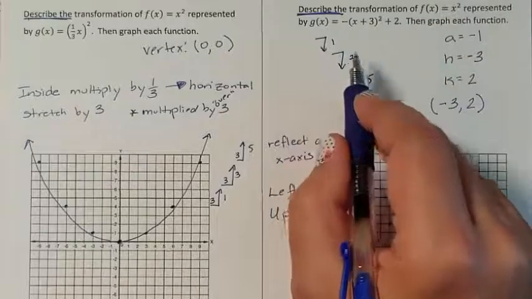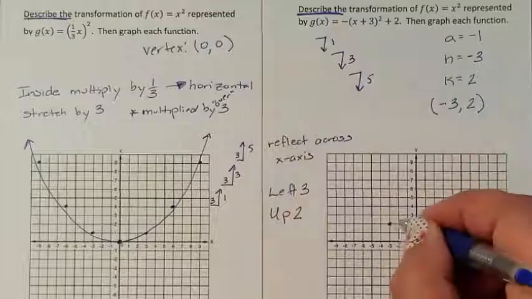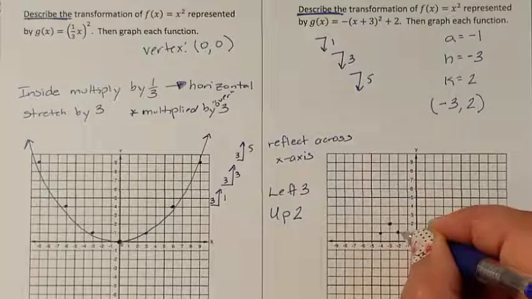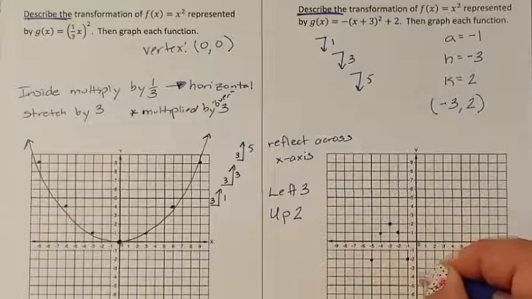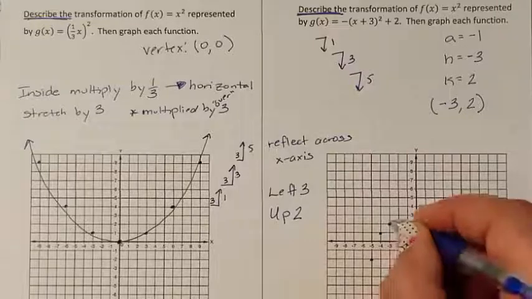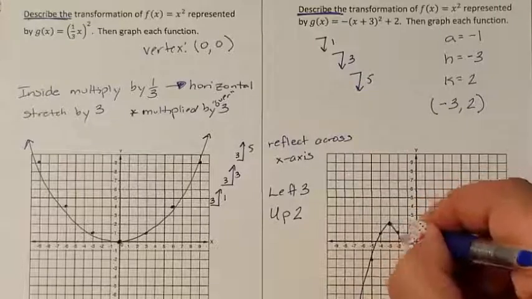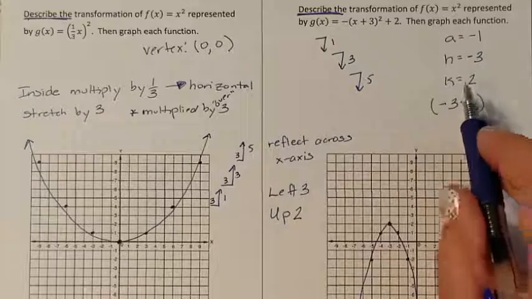Notice there were no over changes because there is no horizontal in here. So over 1, down 1, over 1, down 1, 2, 3, over 1, down 1, 2, 3, 4, 5. And don't forget his partner. So this is my quadratic function using both my Chapter 1 and my Chapter 2 skills together.